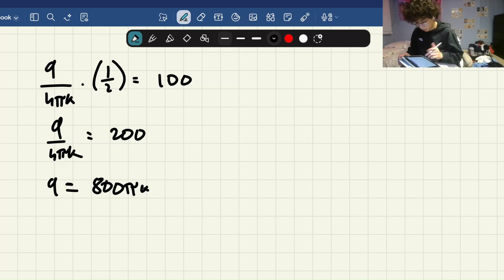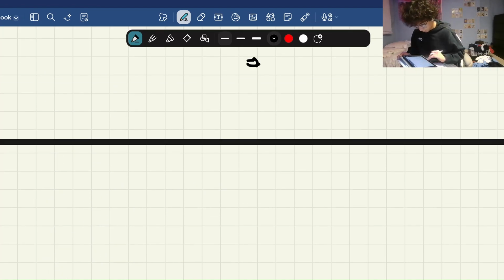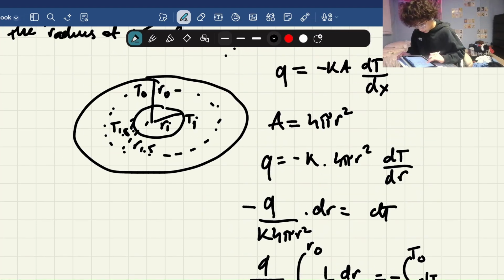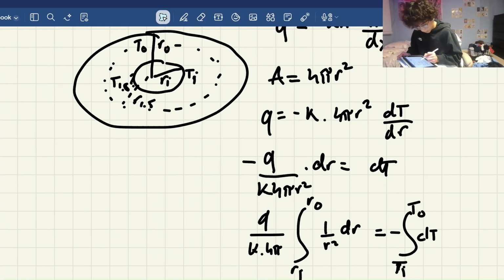So this is how we got the formula for Q, and I'm gonna show you guys why it's important. When we're trying to find the temperature at r equal to 1.5, we're gonna apply the same integral over here. I'm just gonna copy this.